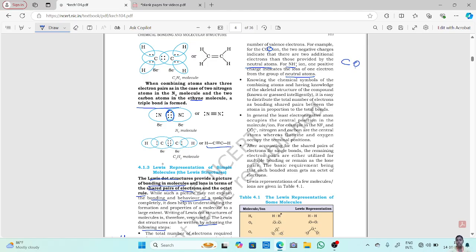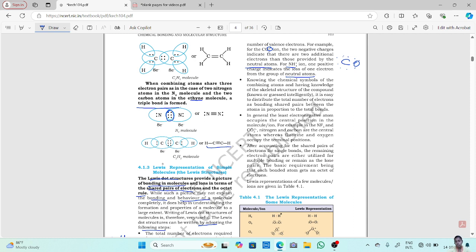And if you know the skeletal structure, you know the electronic configuration. With electronic configuration you can tell what the valence shell electrons are. And if you know the skeletal structure of the molecule along with its chemical symbols, it is easy for you all to distribute the electrons as bonding pairs.